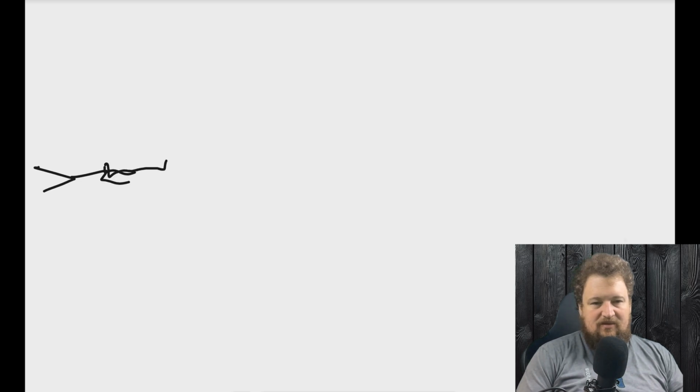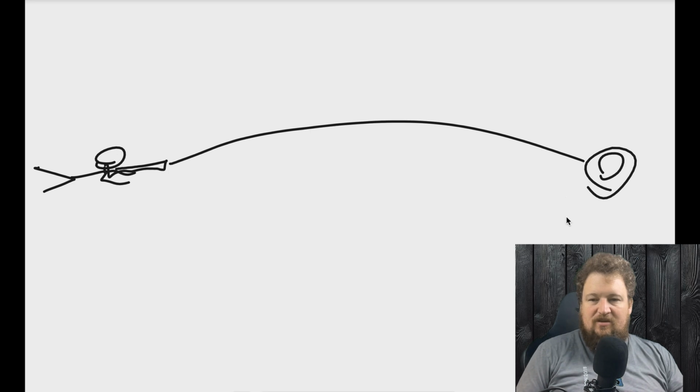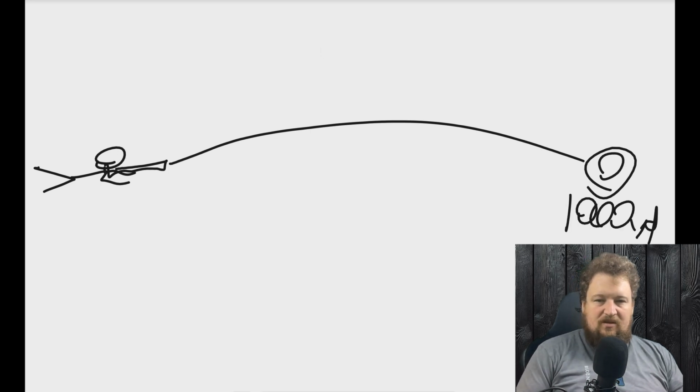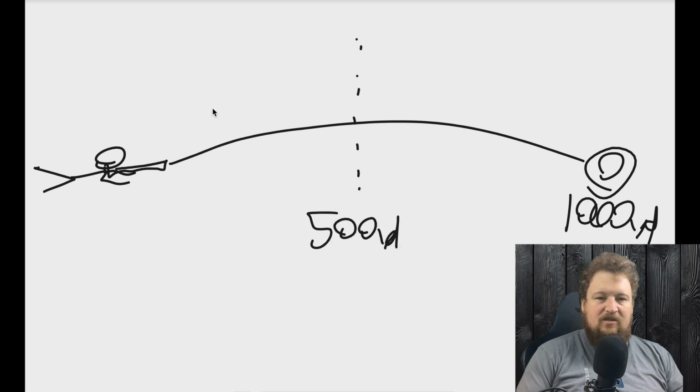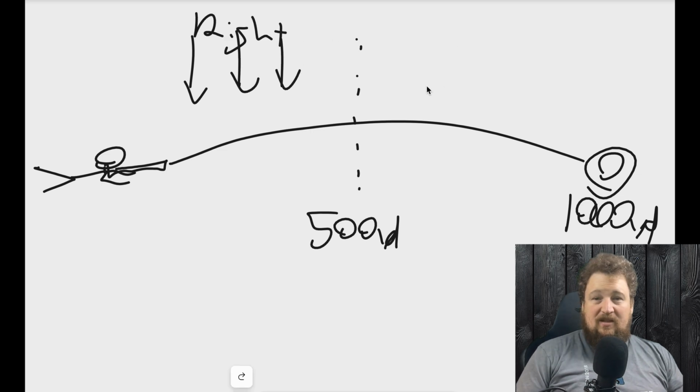So let's say you are right here. You've got your rifle and you're shooting a target. This target is 1,000 yards. And at the halfway point, the wind switches at 500 yards. For the first half, it's going right. And then for the last half, it switches directions.